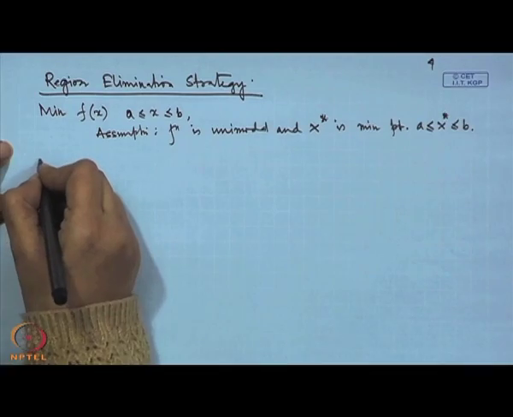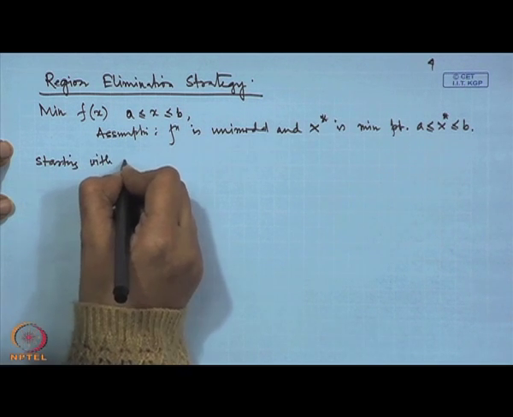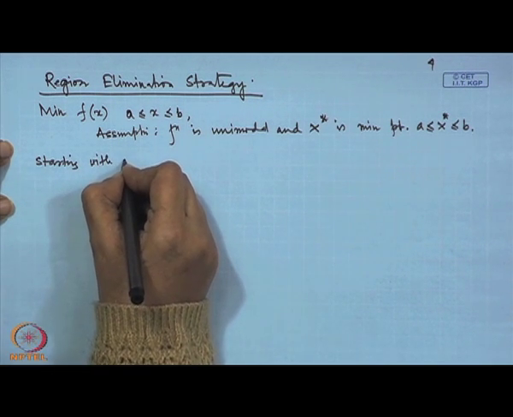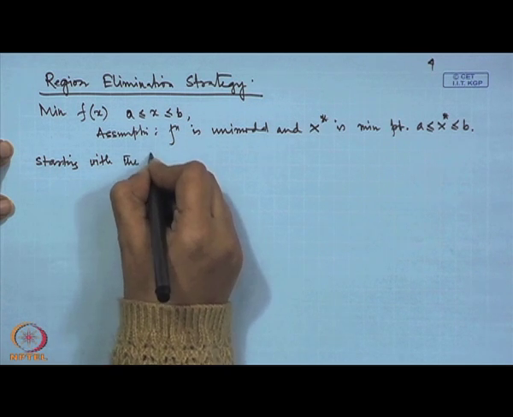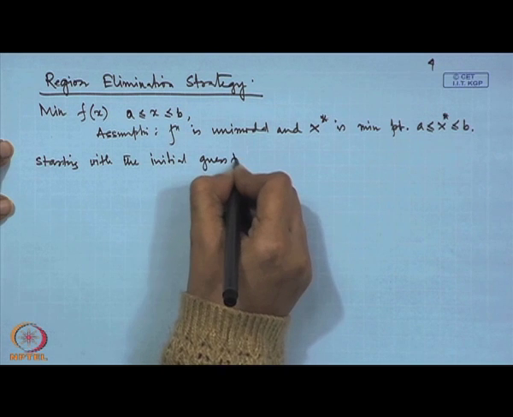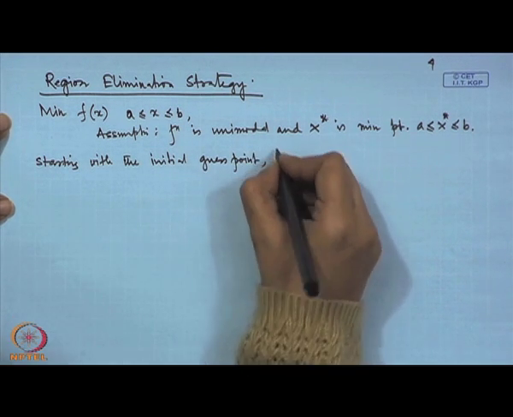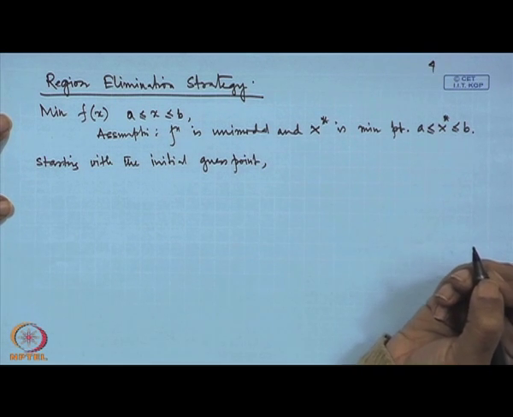That is why we are starting with an initial guess point, and we will move to a sequence of improved approximations.